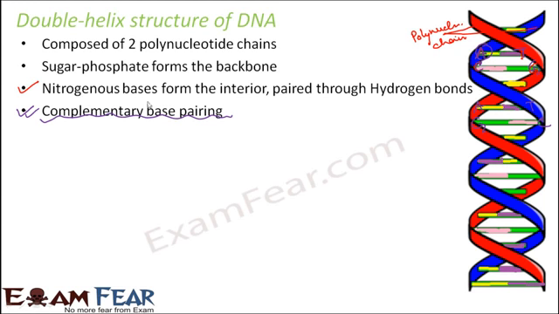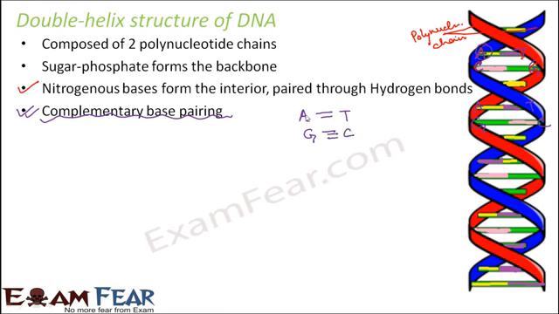Complementary base pairing means that it is not that any of the bases can bond with any other bases. It has always been seen that A, that is adenine, will always pair up with thymine, and guanine will always pair up with cytosine.